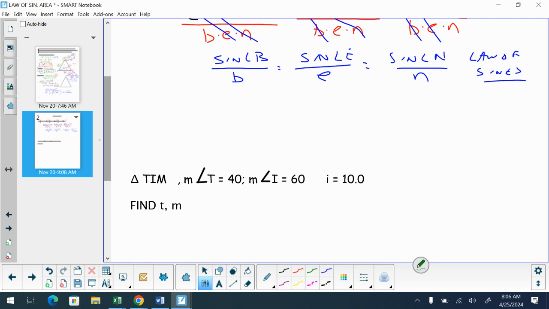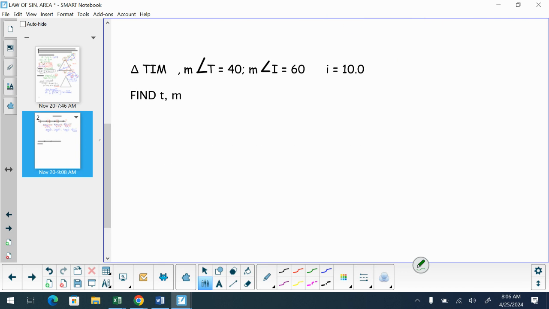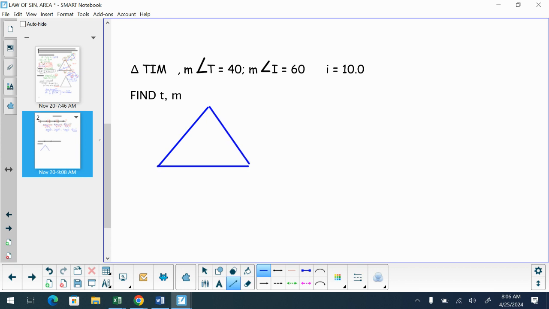So let's look at triangle Tim here. Once again, not going to be too fancy with my triangles. They all look the same. You label how you want to label. We have triangle Tim. Sides opposite are your lowercase.